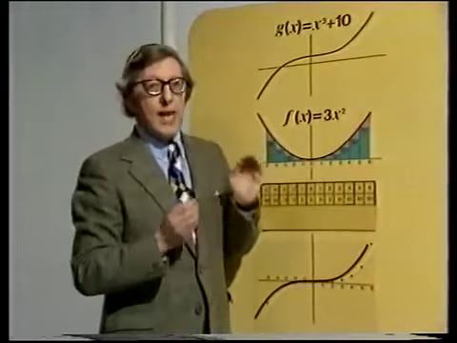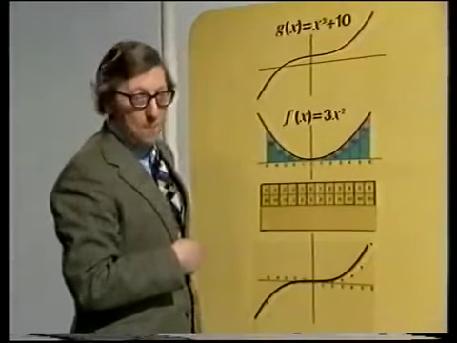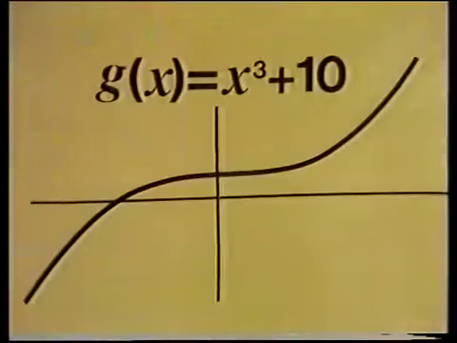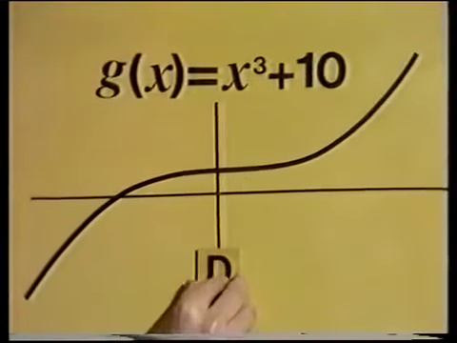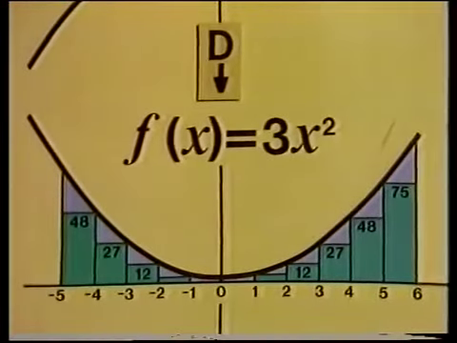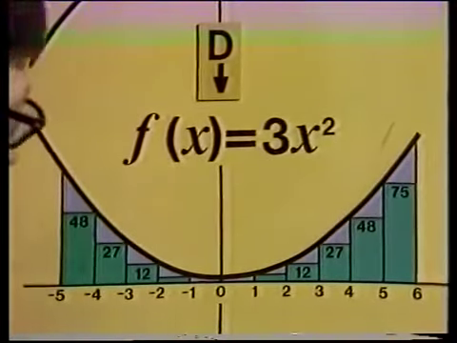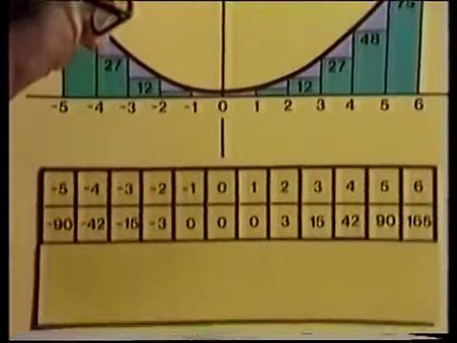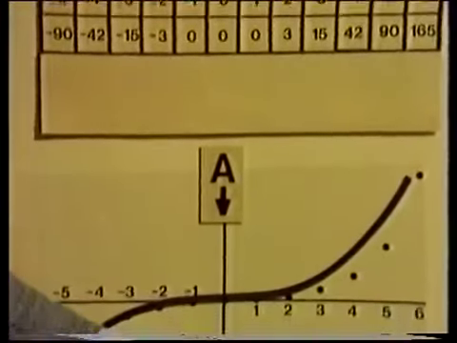But let's recap what we've actually done so far. What we've done is, we started off with this given cubic curve. We've calculated its derived function f. And then, by means of this area so far function, we've reconstructed this new curve.